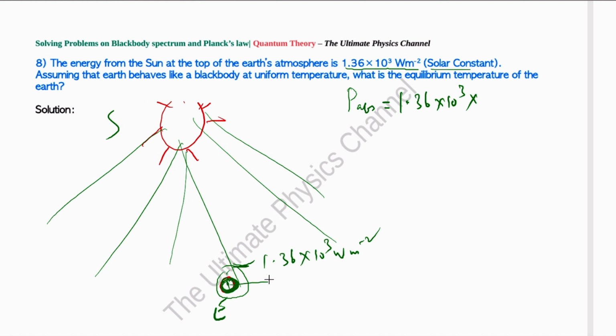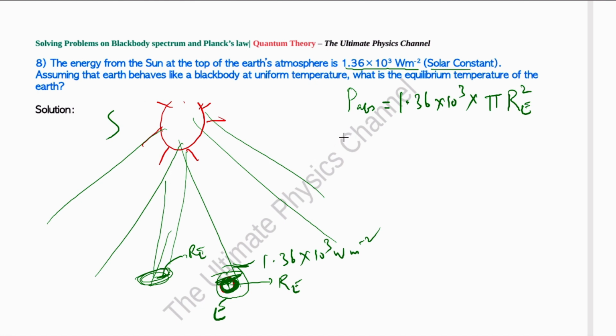Because it is behaving like a black body, let's say the radius of the Earth is R_E. The area over which Earth receives from the Sun is a circular area of radius R_E, and therefore I multiply by the area of the circle, pi times R_E squared, pi r squared.